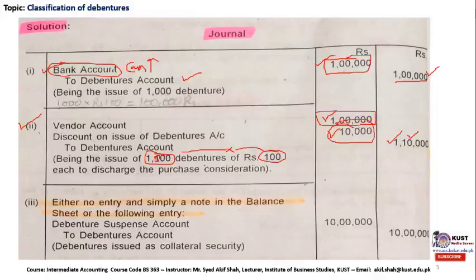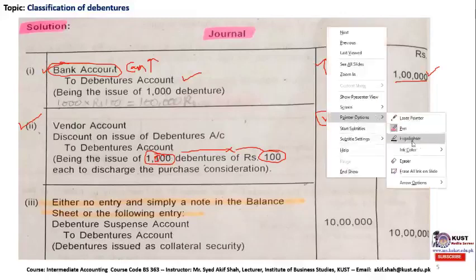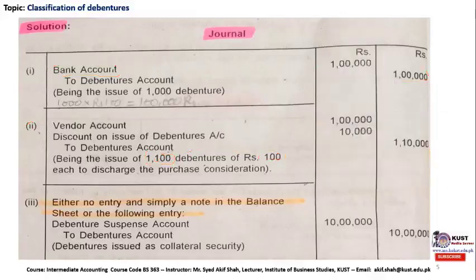But as the question says that the company has issued 1,100 debentures to this vendor, it clearly explains that the company has issued its debentures at a discount rather than at par value. The shortest narration explains, being the issue of 1,100 debentures of rupees 100 each to discharge the purchase consideration.